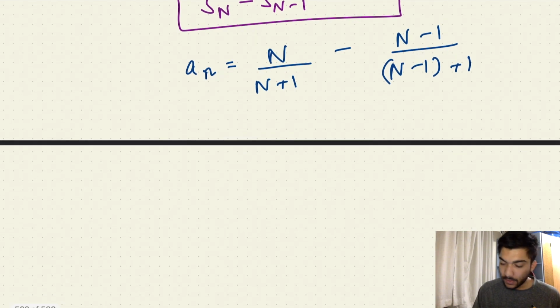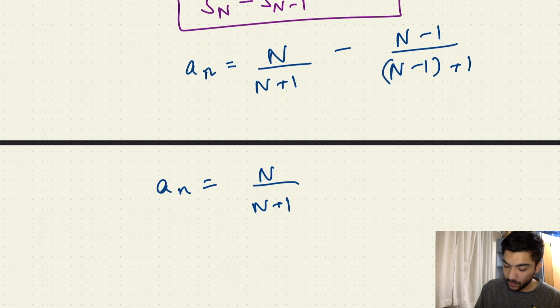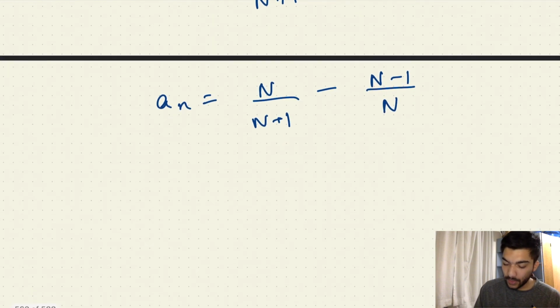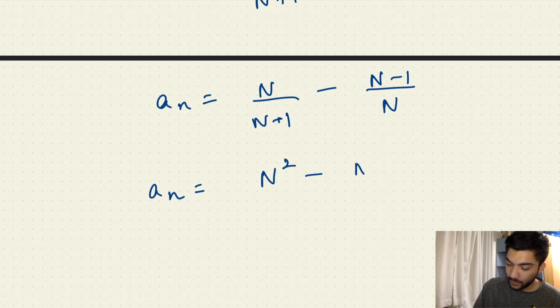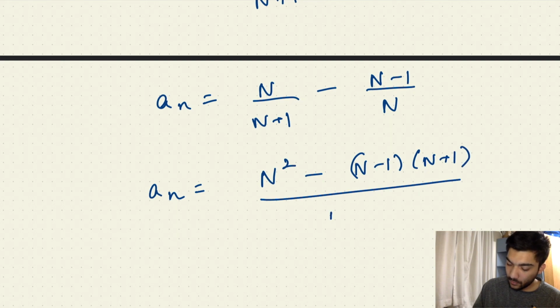And if we solve that, we will get a of n equals n upon n plus 1 minus n minus 1 upon n in this case, right? And this will be simply n square minus n minus 1 times n plus 1 over n times n plus 1.